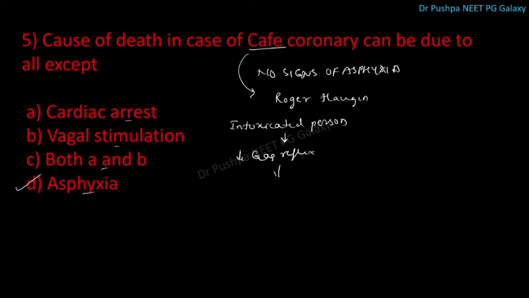So in an intoxicated patient, if the patient takes any food, it will directly enter the larynx and trachea. So there will be vagal stimulation, which in turn causes cardiac arrest. So in this cafe coronary, there are no signs of asphyxia and patient will die immediately.